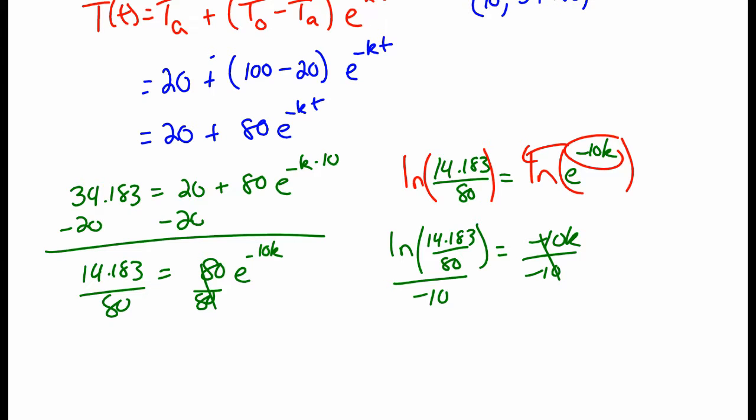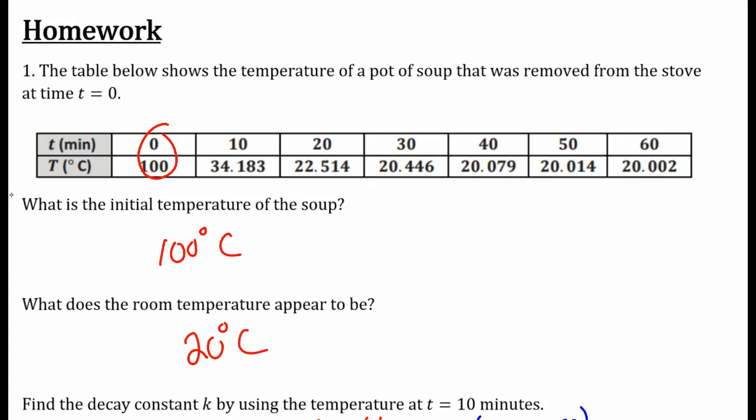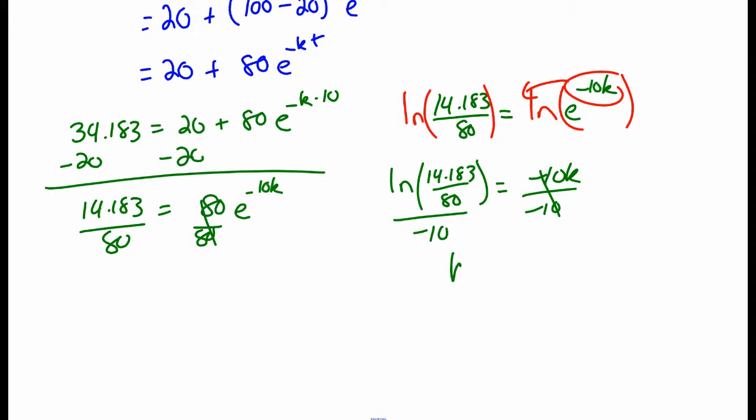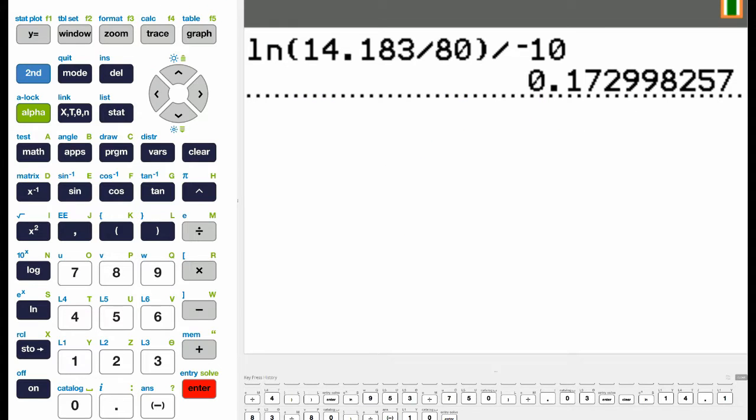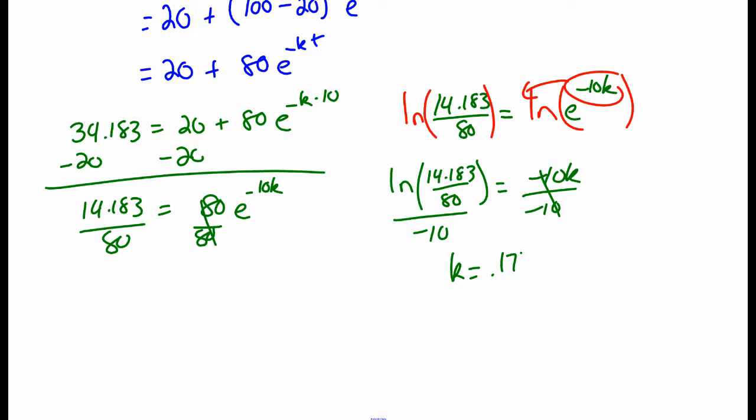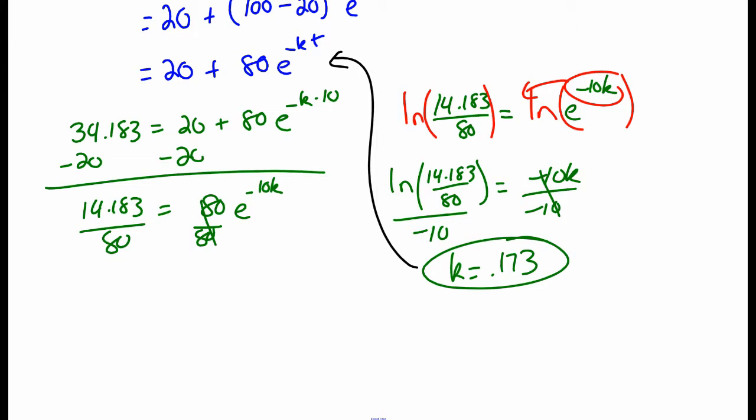I'm going to assume we're going to round that to 3 places, so k equals 0.173. That's our decay constant. So back up here into our Newton's law of cooling, we can plug that in, and I believe that's the next part.